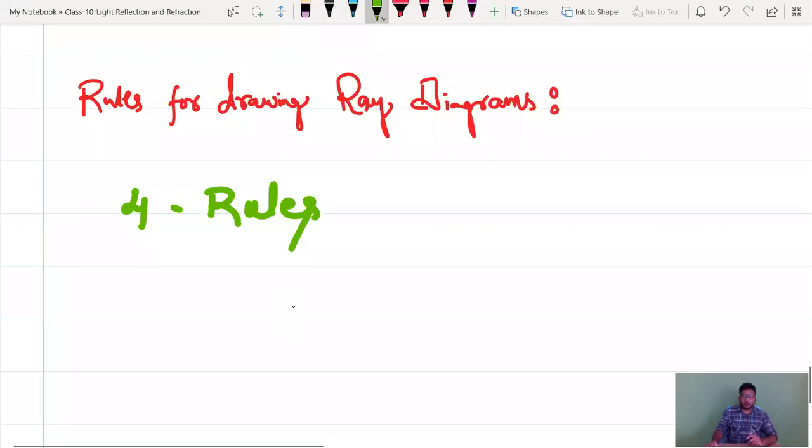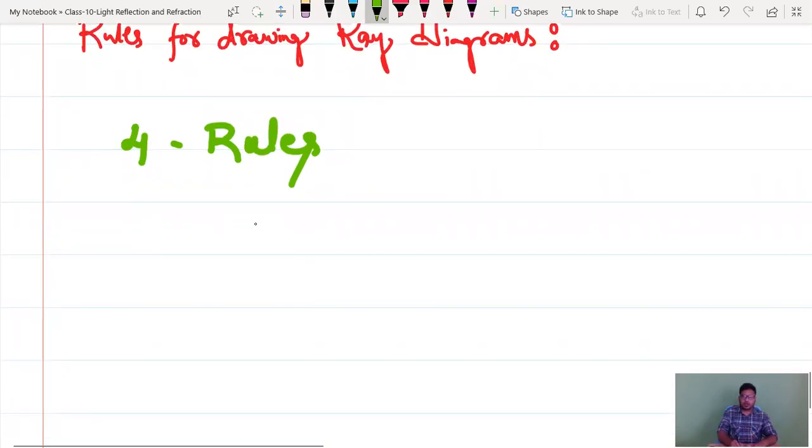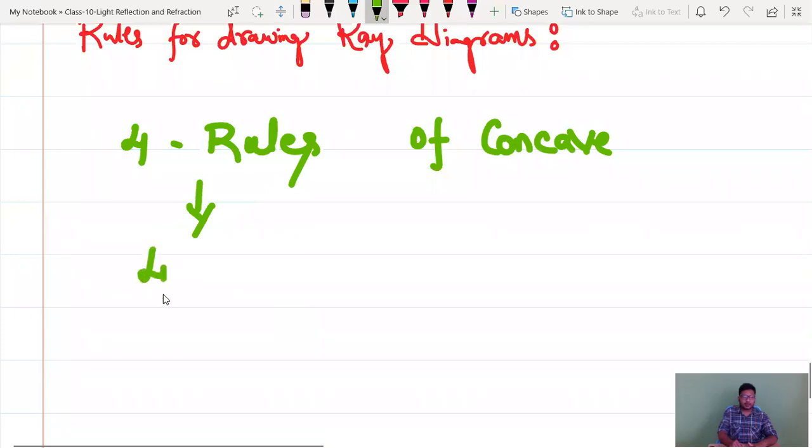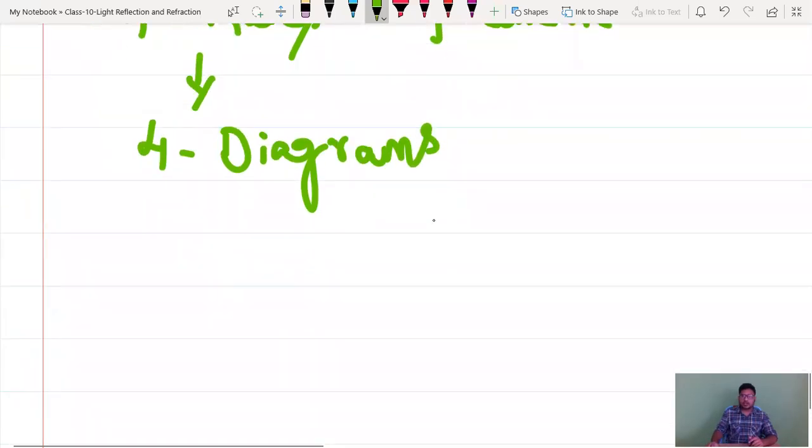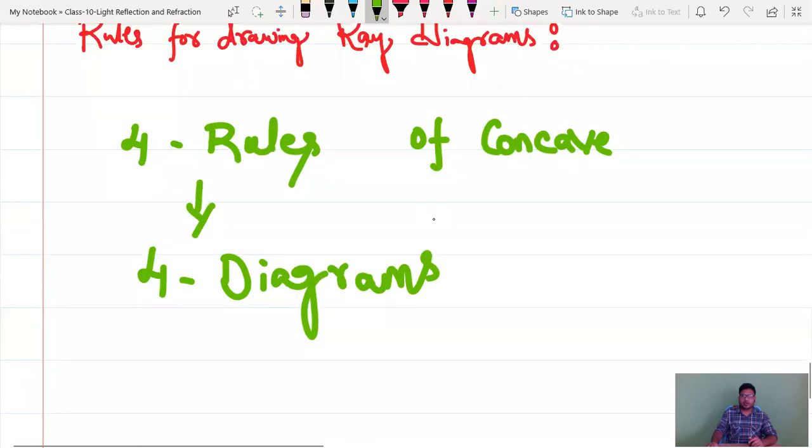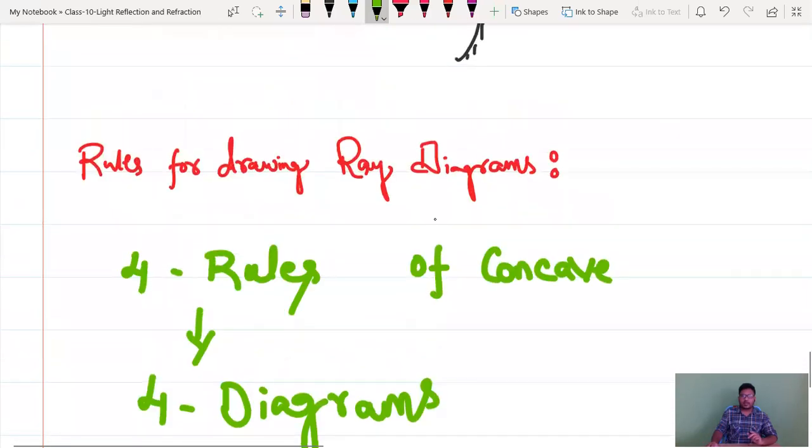Now, we are learning the 4 rules of concave. 4 rules in the sense we will get 4 diagrams. Four rules, 4 diagrams. Let us draw 4 diagrams of concave mirror. Simple diagrams.